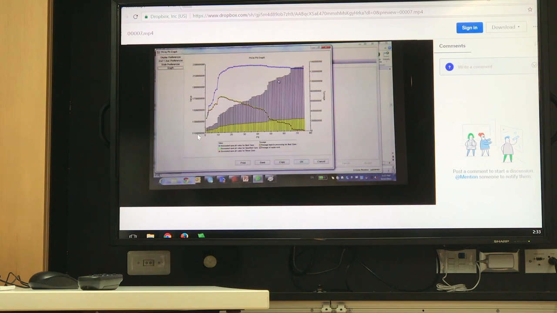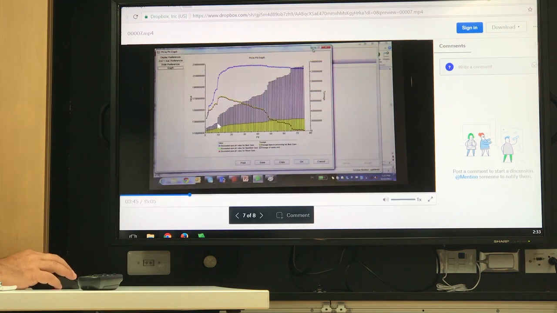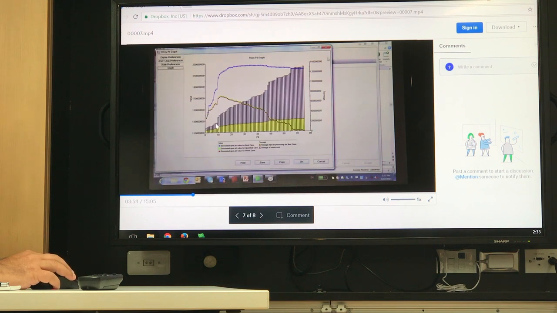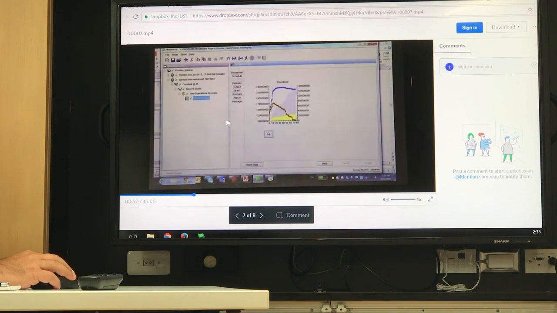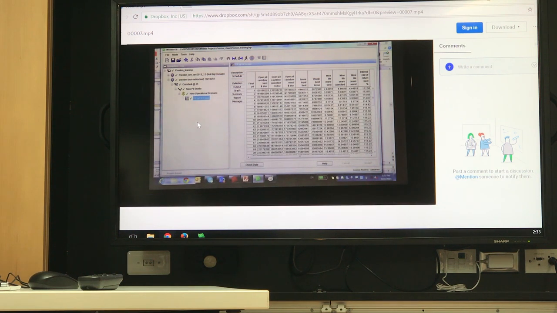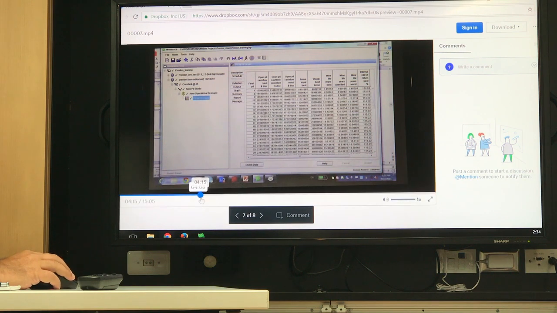Pushbacks will be selected based on where you see a jump in the amount of material between two adjacent pit shells. For example, there's a big jump between 9 and 10, so it's better to keep 9 as one of your pushbacks. Why? Because when 10 starts, there will be a big pushback.